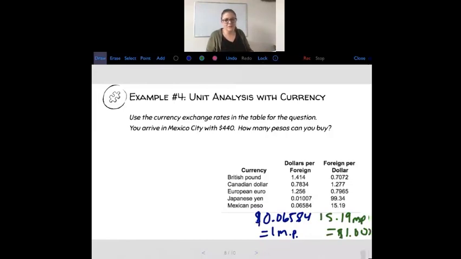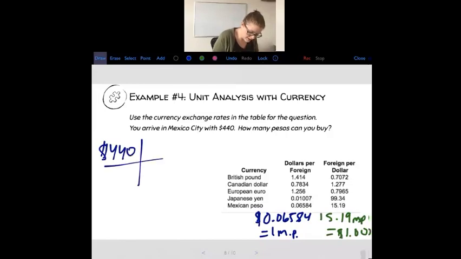So we are given $440 and our goal is to get to pesos, so you can use either conversion factor. So we're starting with dollars. Okay, dollars would go on the bottom and our Mexican pesos is going to go on the top so that we end in Mexican pesos.